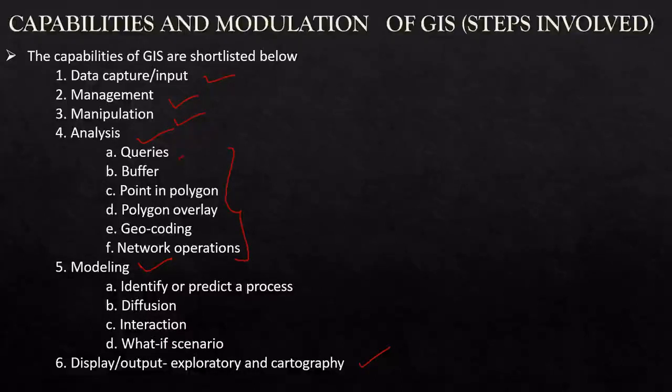Queries, you can ask questions, buffer, point in polygon, polygon overlay, geocoding, network applications. So we will see these all things in detail in the coming classes. Then modeling, identify or predict a process, diffusion, interaction, what if scenario. So the different ways how you can model a problem after you analyze it.